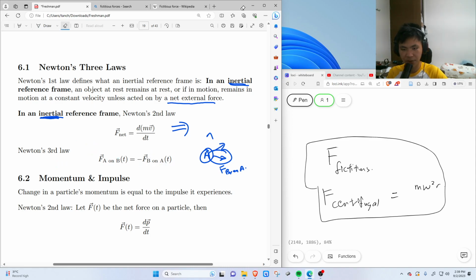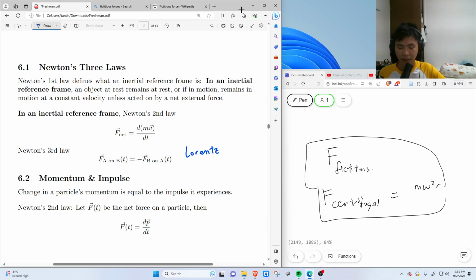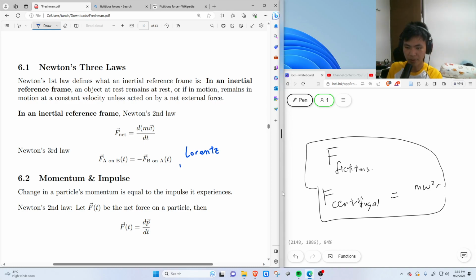Question: does Newton's third law apply to all forces? And the surprising answer is no. You can read up online on whether the Lorentz force obeys Newton's third law. And you actually see that the answer is no, because the reason why the answer is no needs us to go a little bit into the field of Lagrangian mechanics.